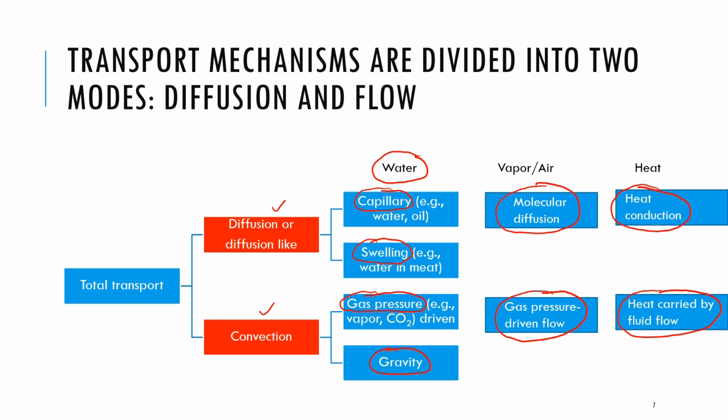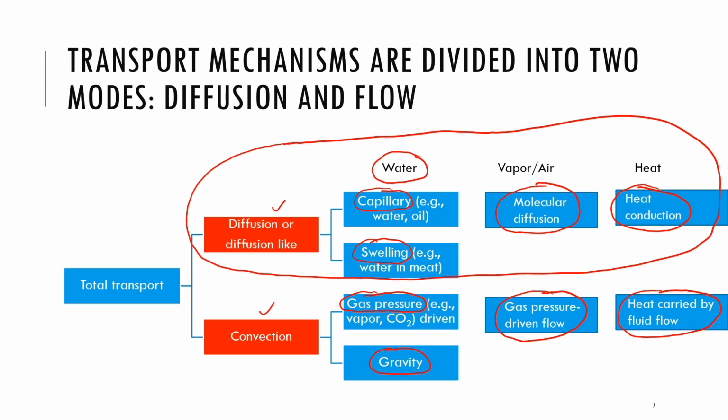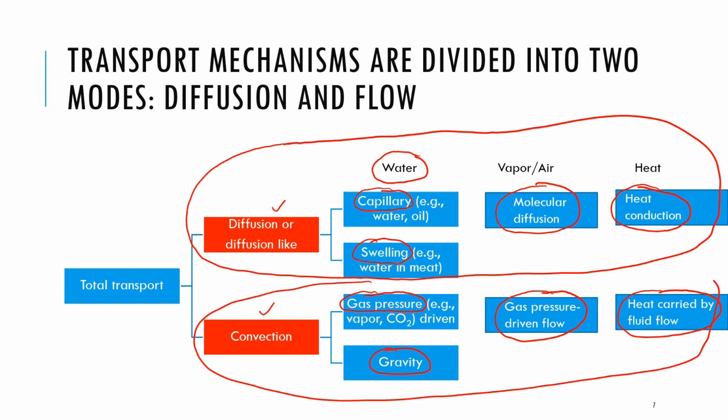So the flowing contribution in heat would be due to the flowing fluids. What I would like you to see is that there are only two kinds into which we are putting all the mechanisms and fluxes. One is the diffusive type flux, and the other is convection or flow related flux. We're going to use it when we set up the flux expressions.